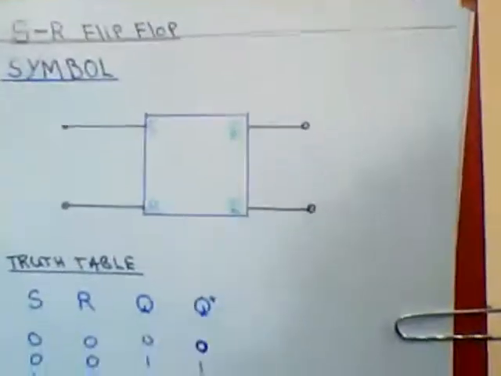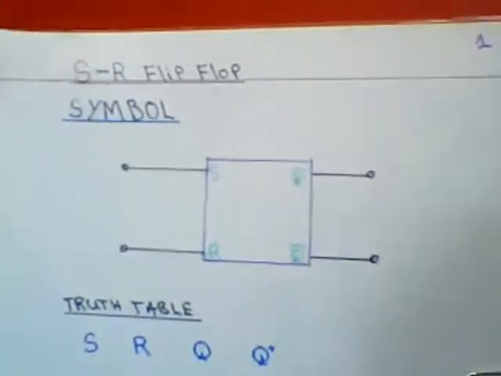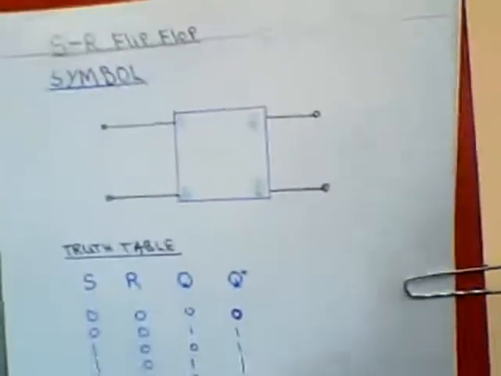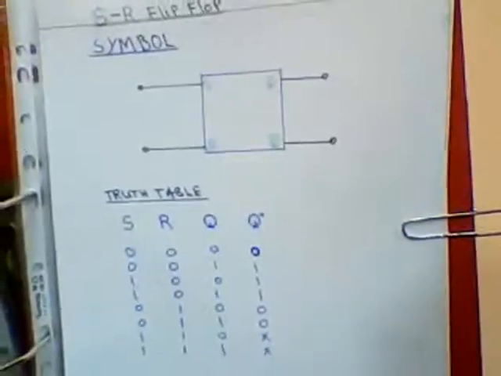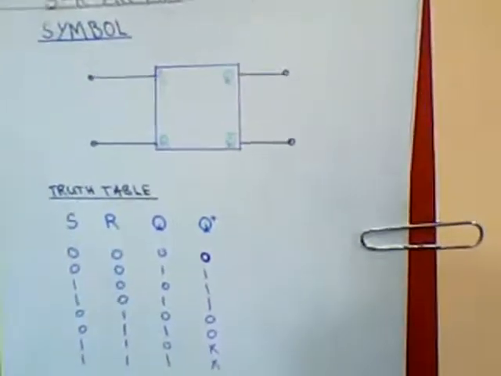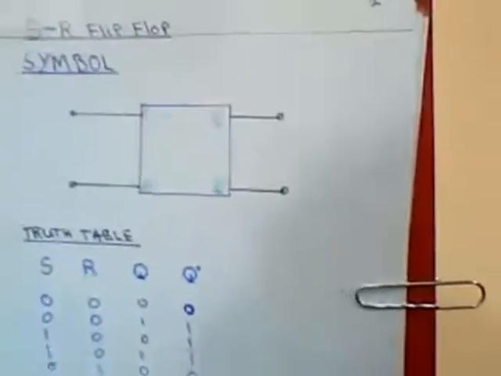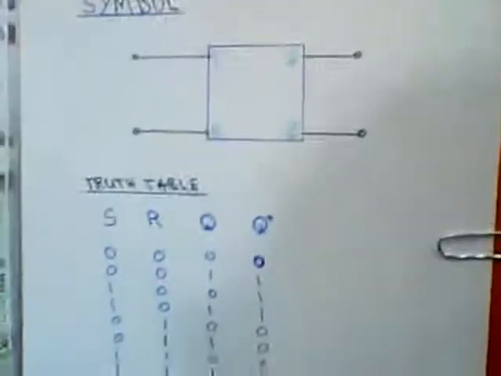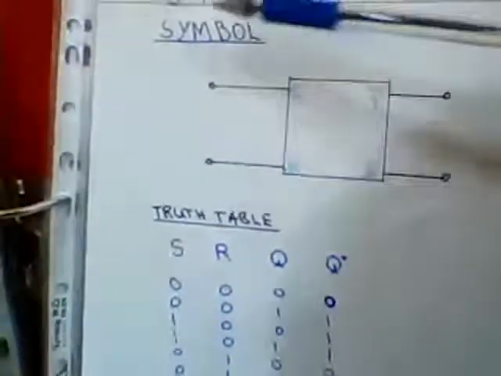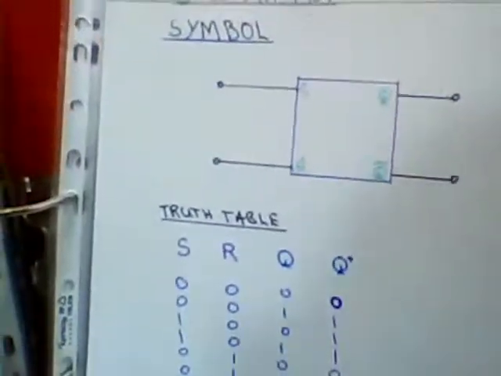Now, SR flip-flops. The SR flip-flop is simply a term used in regards to set and reset flip-flops. Now, if you're dealing in electronics or binary logic systems, you will know what flip-flops are.